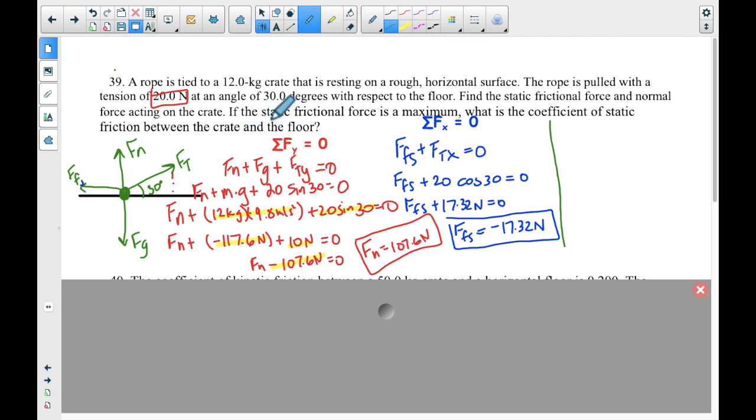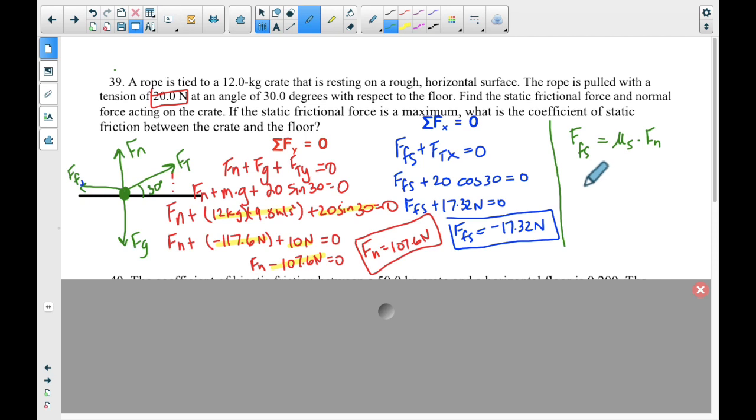The last question says, if the static frictional force is a maximum, what is the coefficient of static friction between the crate and the floor? So we're talking about static friction, and our formula for static friction is mu times the normal force. That's what that last question is asking. It's kind of wordy, but they're just asking you to use this formula to find mu, the coefficient of static friction.